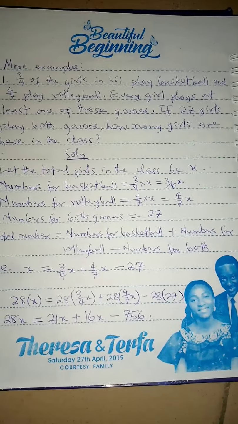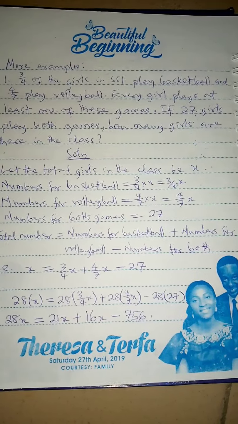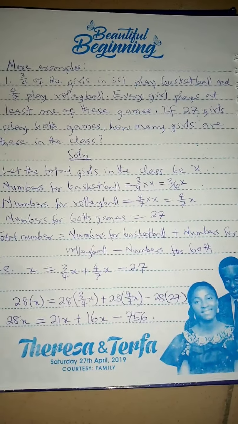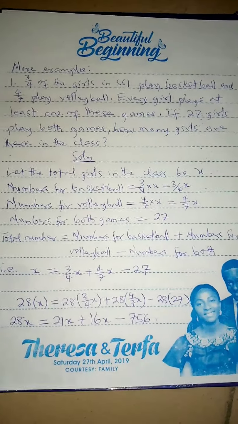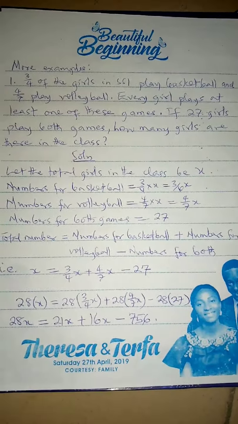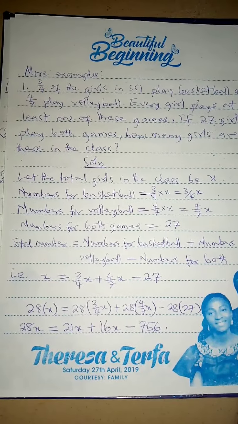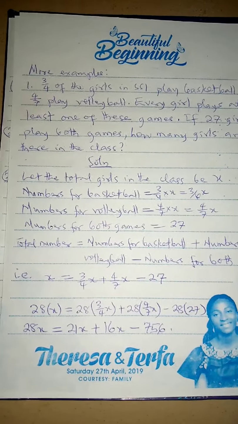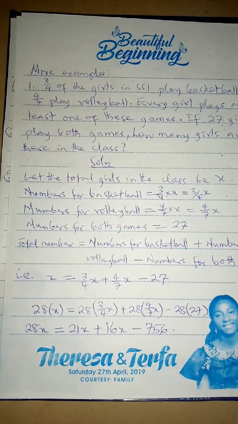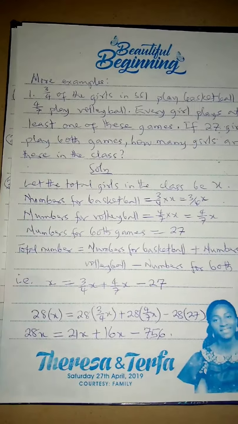One thing I want you to know: when we say those that play volleyball, mathematically, that means some of them still played basketball, until they say those that play volleyball only. That's when you only consider those playing only volleyball. But in math, if somebody says some number play volleyball without putting only, that means the person will also play the other game involved.